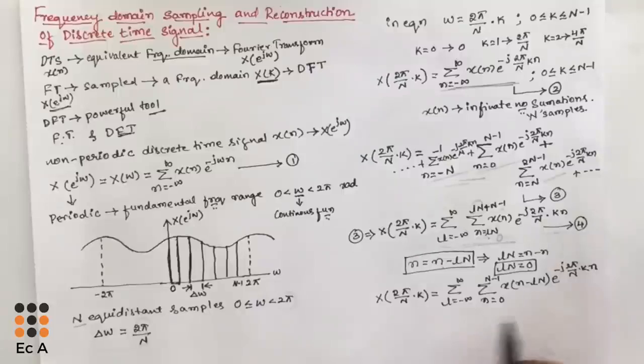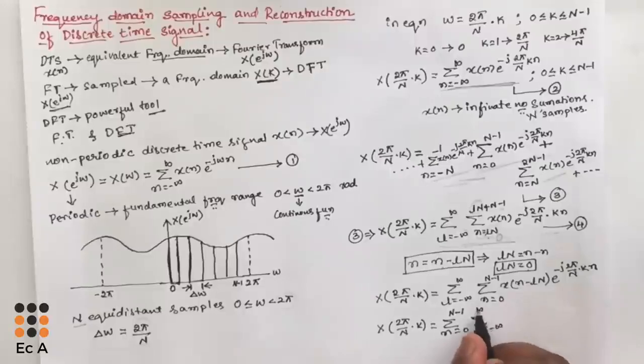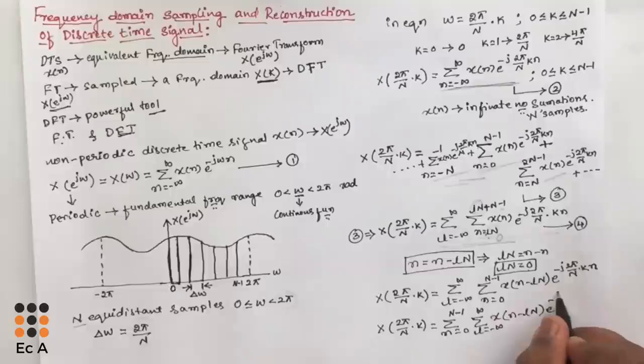Let us rearrange this equation and we can write X of 2 pi by N into k is equal to summation of n is equal to 0 up to N minus 1, summation of L is equal to minus infinity to infinity, x of n minus ln e to the power of minus j 2 pi by N into kn.